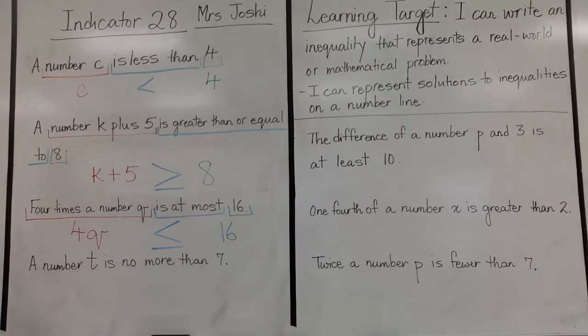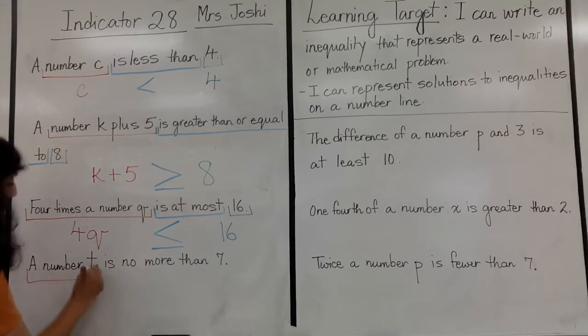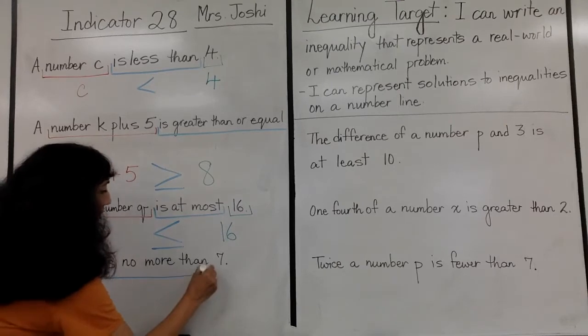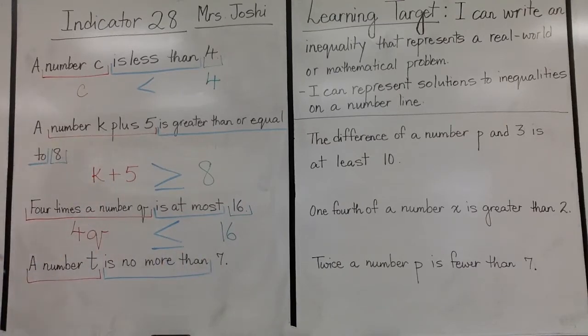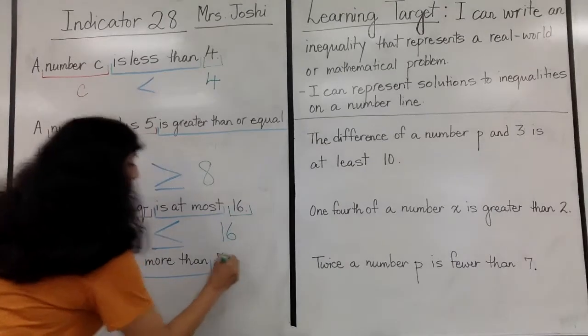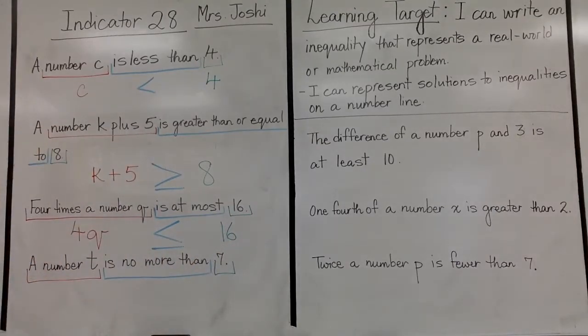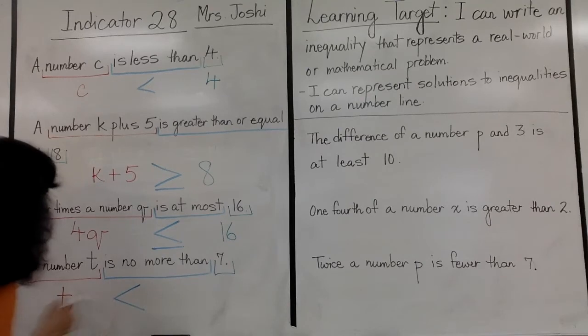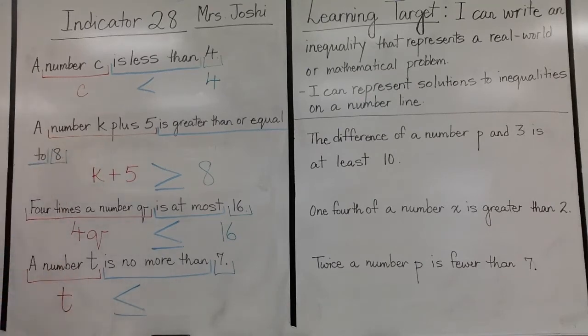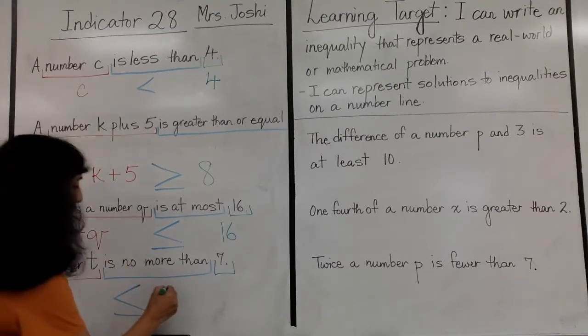So a number T is no more than 7. See how I'm organizing it into 3 different parts, so I know exactly how to write out that inequality. So I'm going to write over here, T is no more than, that means this is going to be less than or equal to 7.